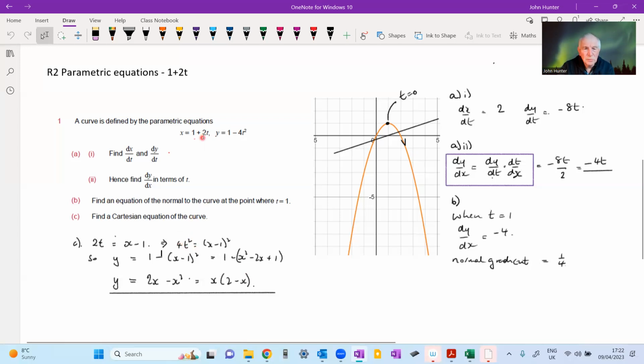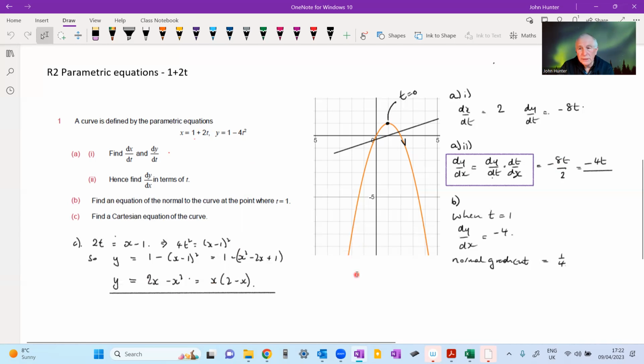If we can express these in a form where some function of y equals some function of t, and some function of x equals some function of t, which is the same function, then we can just crash the two functions of t together, and we come out with an equation in x and y. So that's more or less what we've done here.